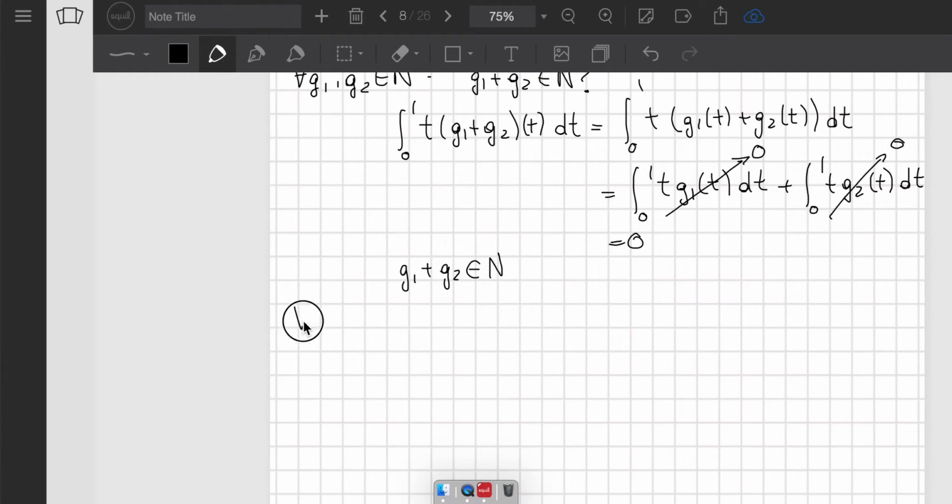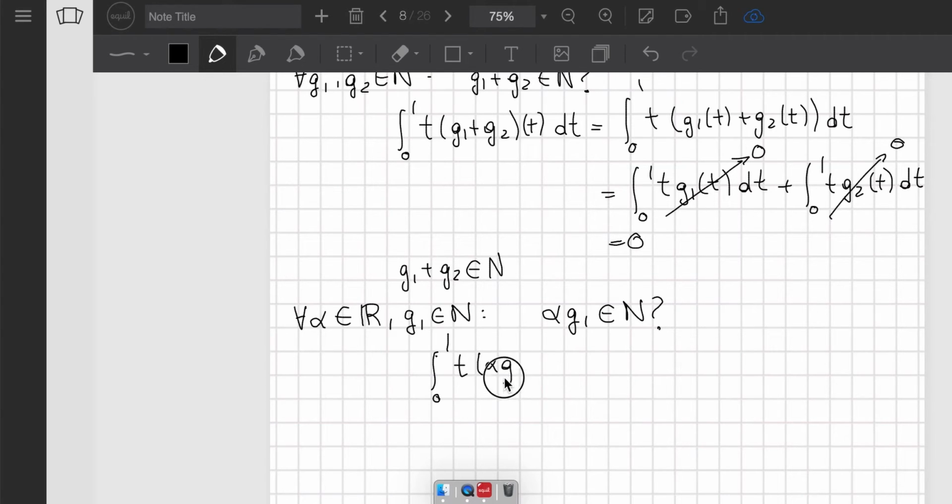Let's do the same for scalar multiplication. So for every alpha belonging to R and g1 belonging to N, is alpha g1 a member of N as well? Well, let's see again. Let's use the integral from 0 to 1 of t times alpha g1(t) dt.